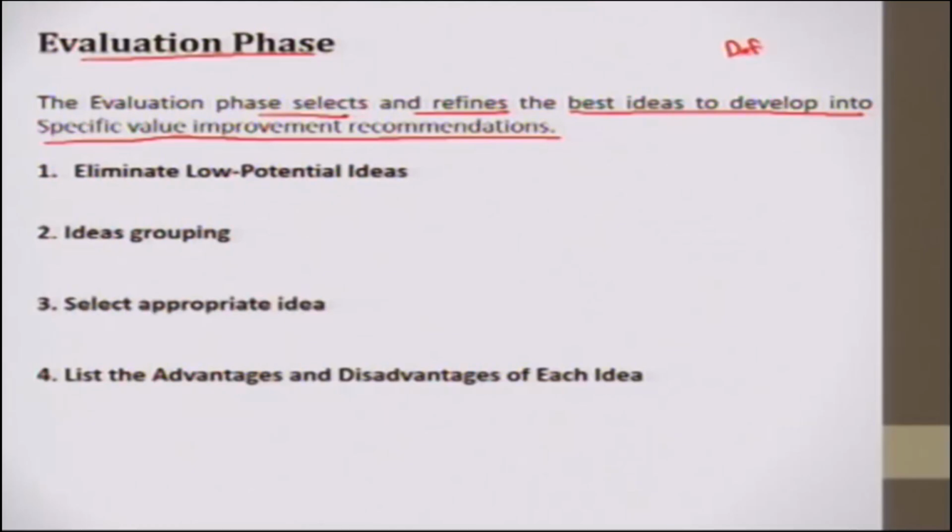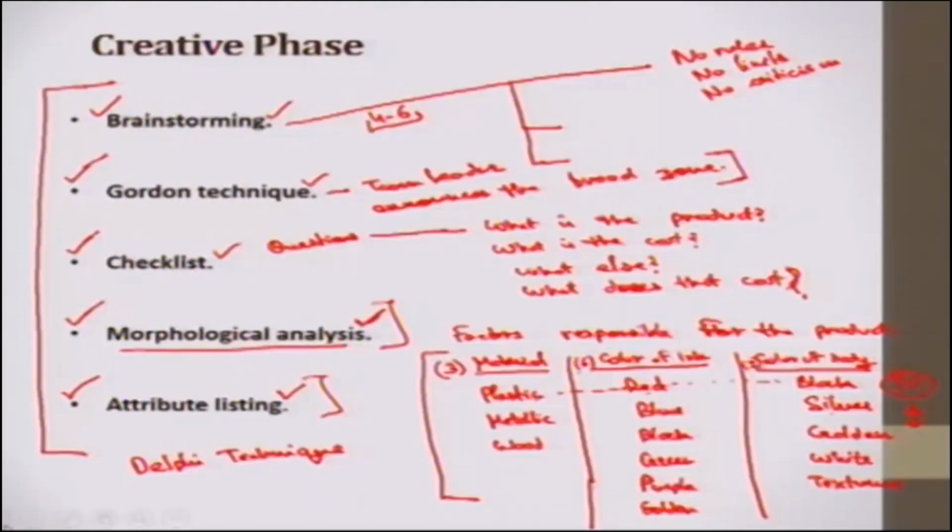We define the performance measures, then we rank the measures here, then we evaluate the alternatives. So for instance, if I have chosen this morphological analysis, I have chosen these alternatives here. So all these alternatives would be then evaluated.